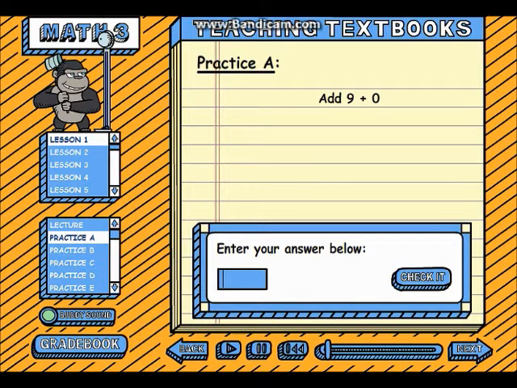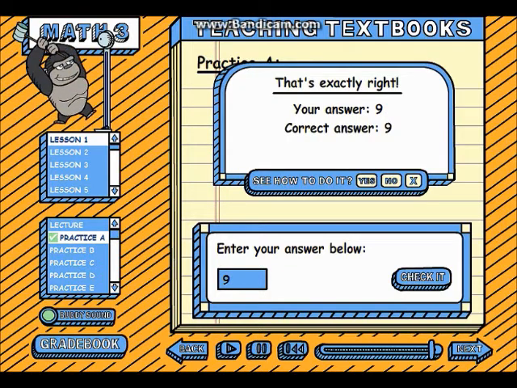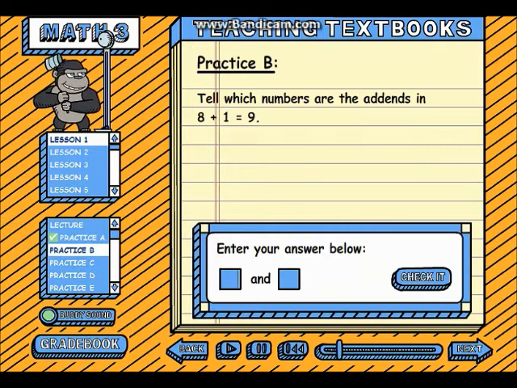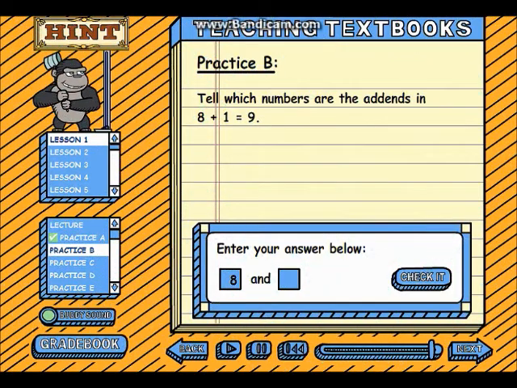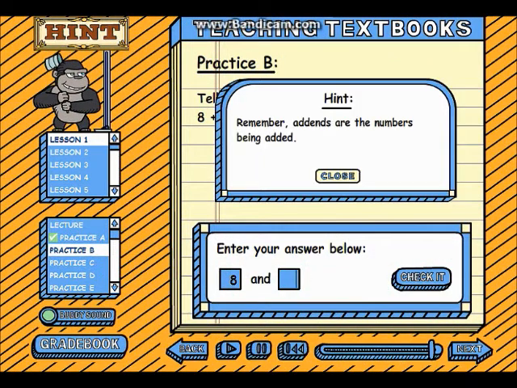On this one, add 9 plus 0. Bingo! For this problem, tell which numbers are the add-ins in 8 plus 1 equals 9. Time out for a hint. The add-ins are just the numbers being added.